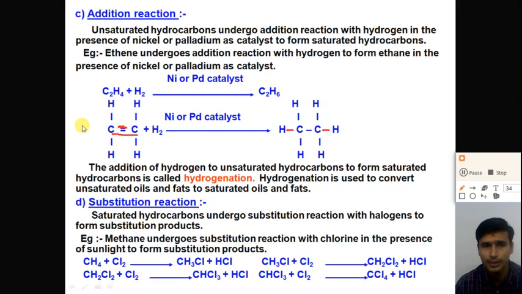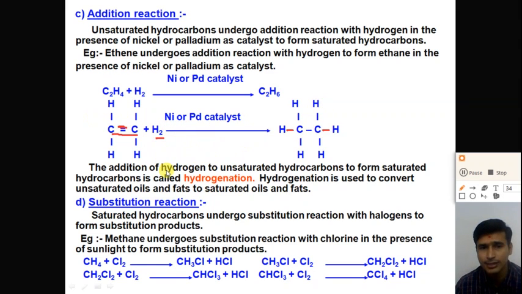So here ethene undergoes the addition reaction with hydrogen and forms ethane, right? Similarly, if we take propene with hydrogen, it forms propane, right?